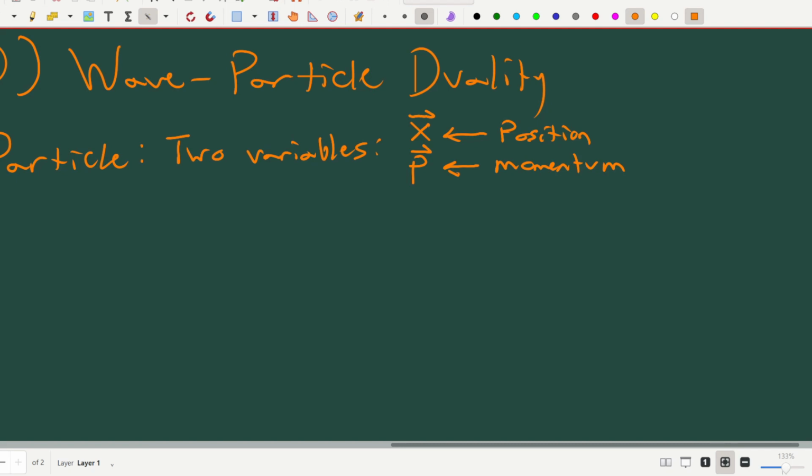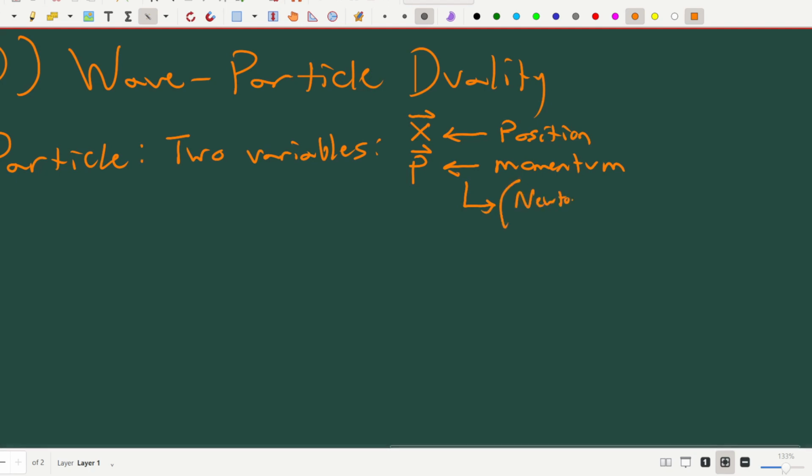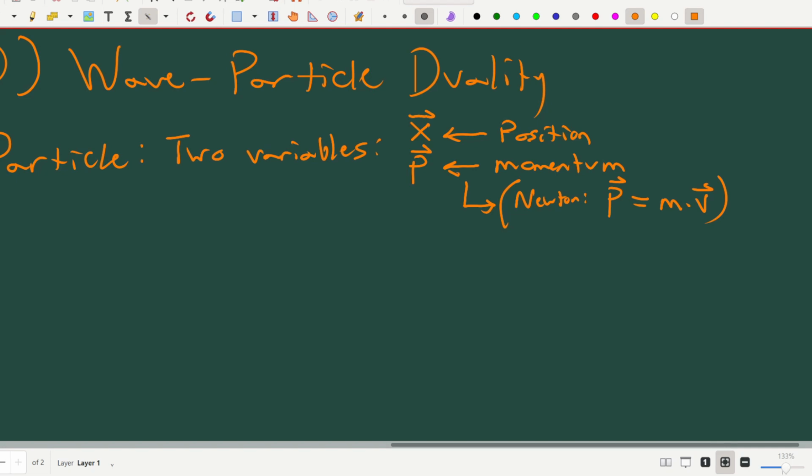Remember momentum, let me just remind you that for a classical particle, Newton says that p is the mass of the particle times the velocity. So, again, we can define any particle with these two.